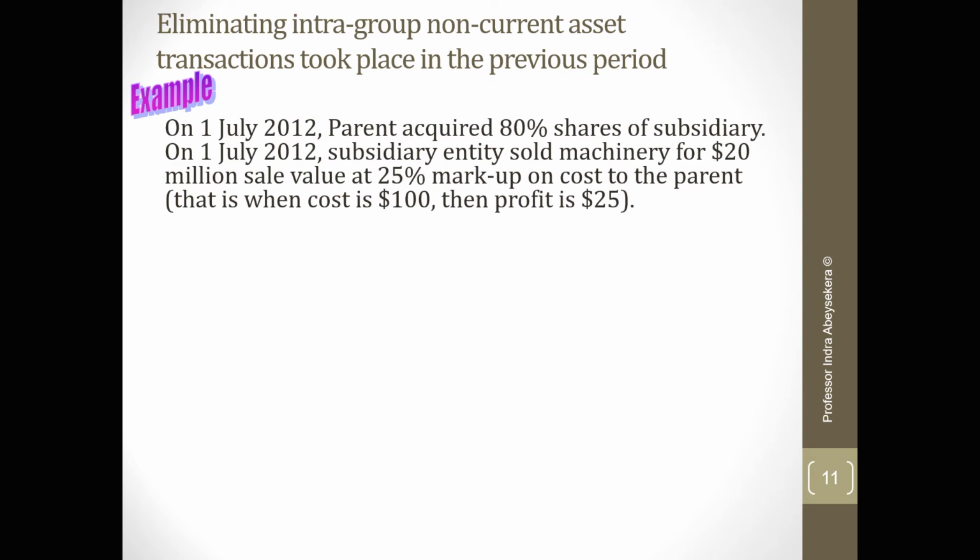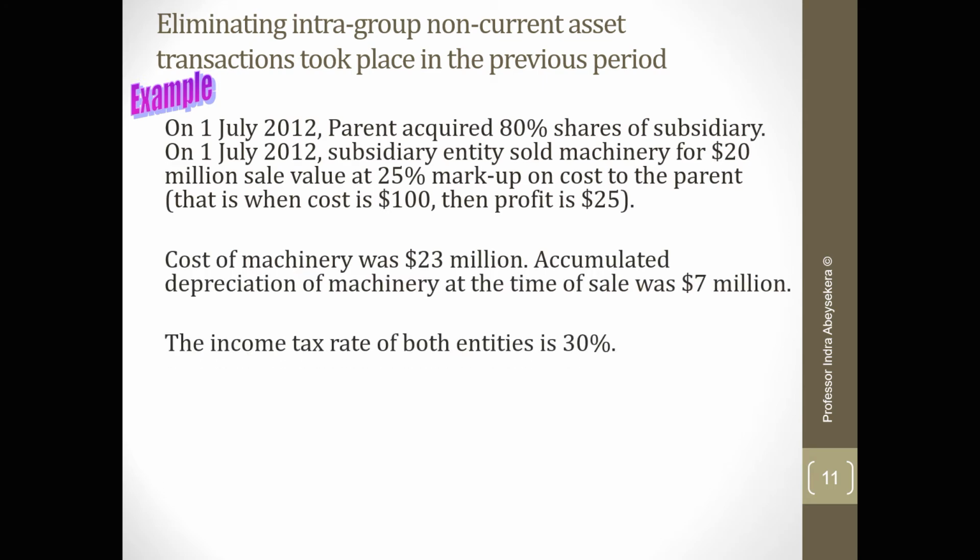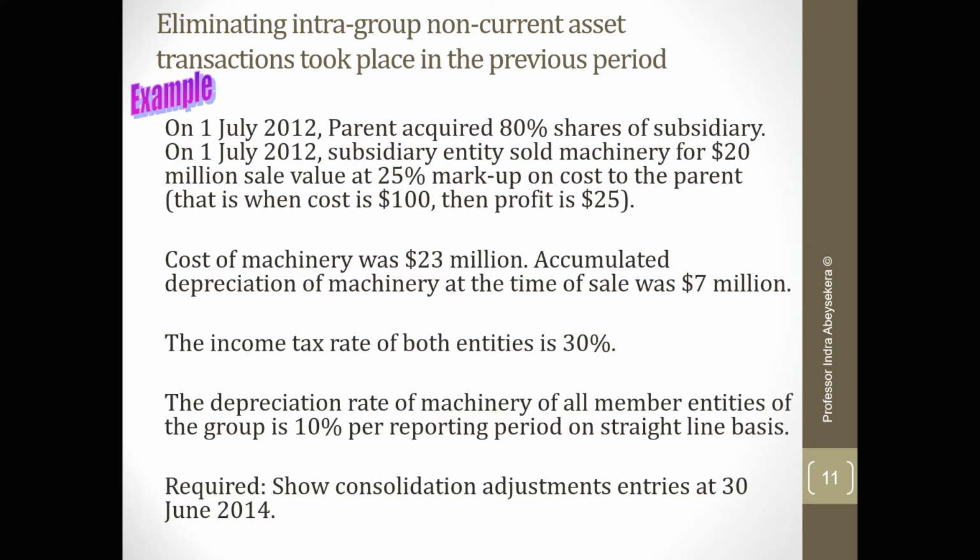So let's look at an example. On 1st of July 2012, parent acquired 80% of subsidiary, so that ownership doesn't matter because this is an intergroup trading transaction. And on 1st of July 2012, the subsidiary sold an asset for 20 million.